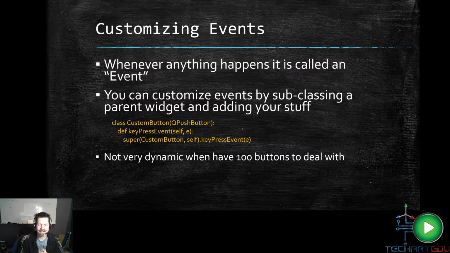Whenever you want to create something to happen, it's going to be called an event. And what you could do is that inside of your class, you could define a callback so that whenever a key, button, or some kind of event happens, then you call the parent class's super and you say, okay, perform this and do with this whatever.